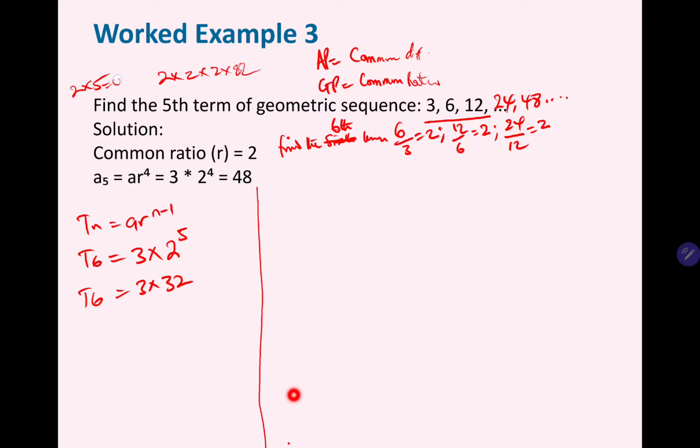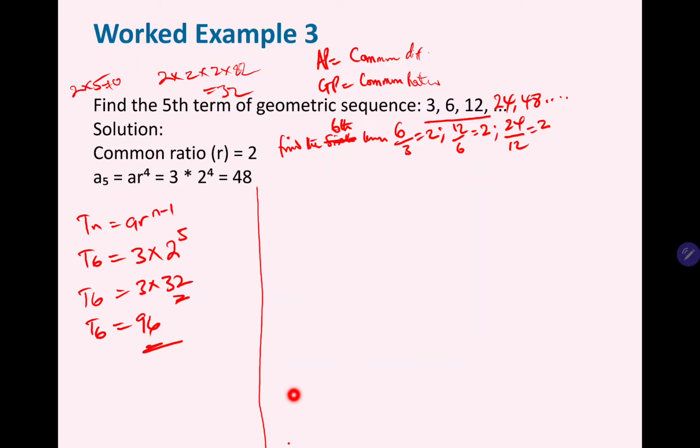So 2 times 2 is 4, 4 times 2 is 8, 8 times 2 is 16, 16 times 2 is 32. That's how we got this 32 here. So our sixth term in this geometric progression will be 3 times 32, and this will be 96, right?